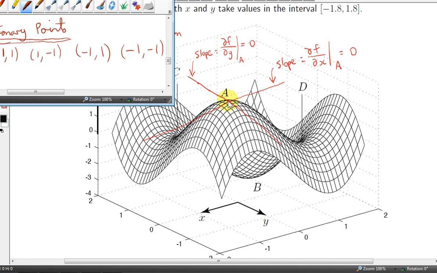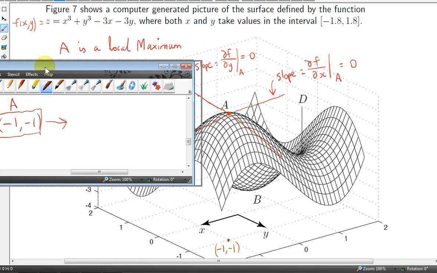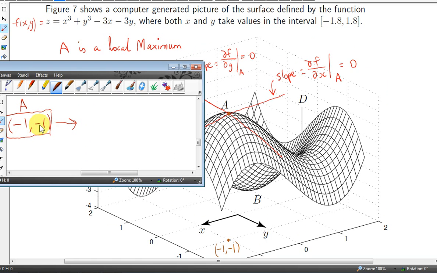It appears from this diagram that the point A is the point with coordinates minus 1, minus 1. Well, these are the xy coordinates of the point A. If we want the z coordinate of the point A, we have to plug minus 1, minus 1 into the equation of the surface. So we get minus 1 cubed, which is minus 1, plus minus 1 cubed, another minus 1.